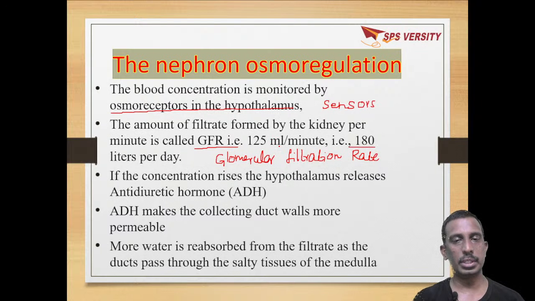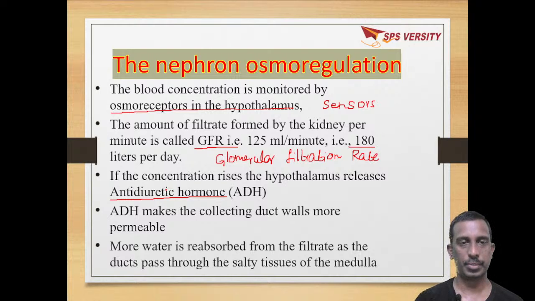If the concentration rises, what will happen? The hypothalamus will release antidiuretic hormone, that is ADH. This ADH makes the collecting duct walls more permeable.